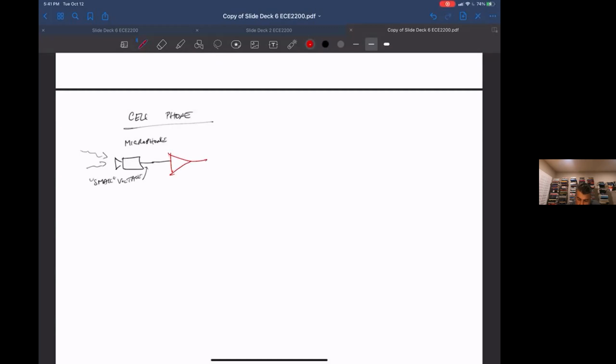Because in all electronic systems, there's something called noise, which is a very important concept. Noise is basically a signal that you don't want. This is an electrical engineering definition of noise. It's not an everyday definition of noise. It doesn't have something to do only with an audio signal.